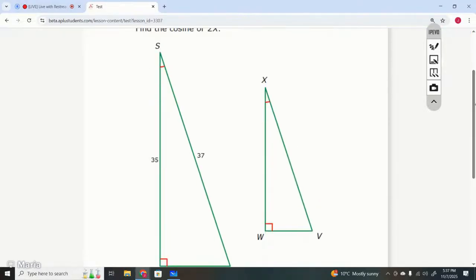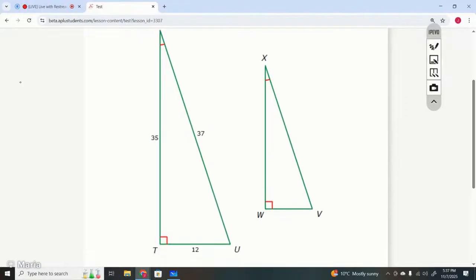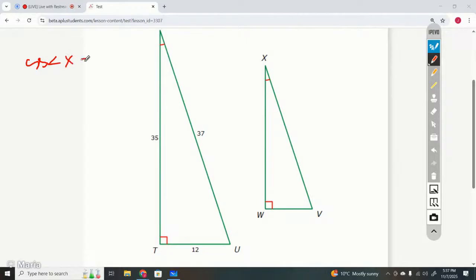Find the cosine of angle X. Cos of angle X is XW divided by XV.